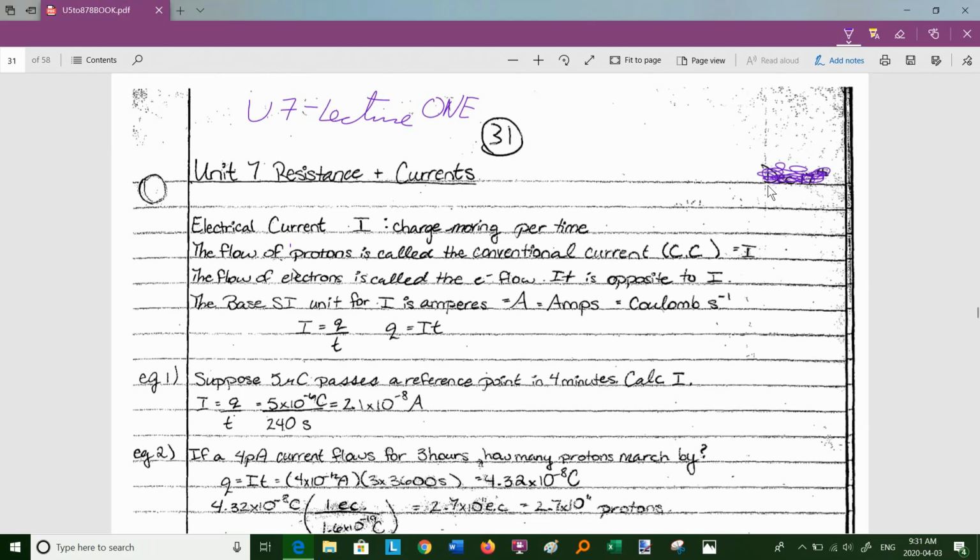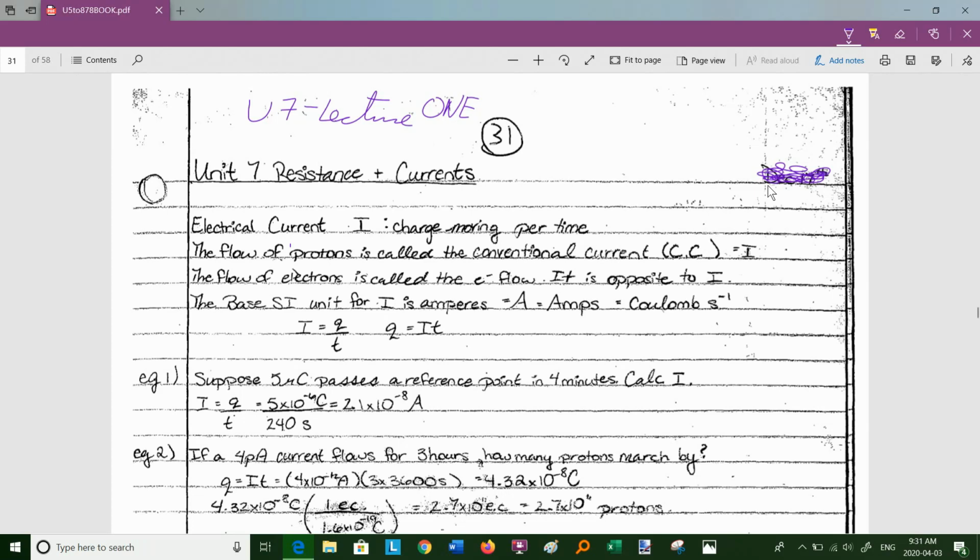That's an example of a current. We're talking, though, about how many electrons pass a point per time, or how many protons pass a point per time. The flow of protons is called conventional current, sometimes abbreviated CC. The flow of electrons is called the electron flow, and it is opposite in direction to the conventional current.